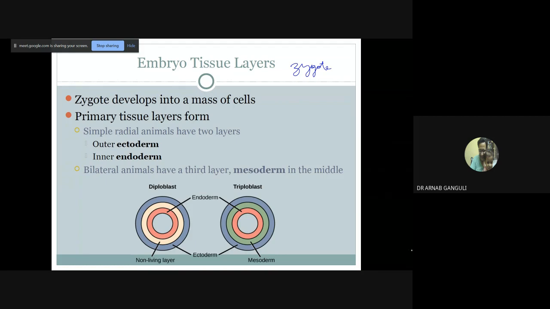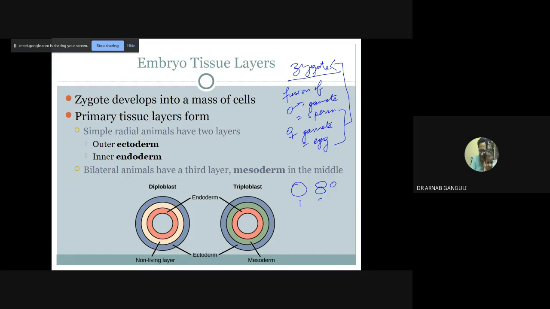This zygote keeps on developing from one cell to two cell to four cell.